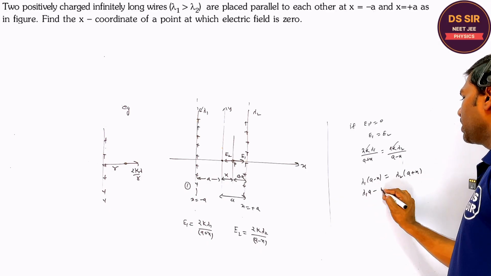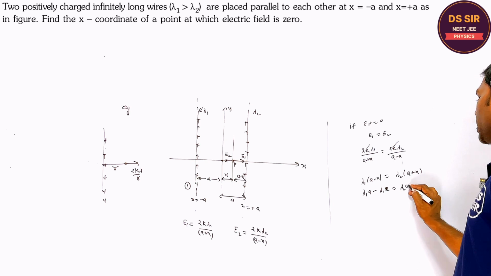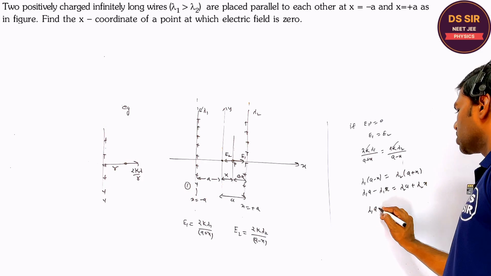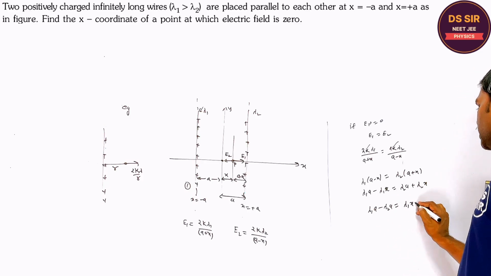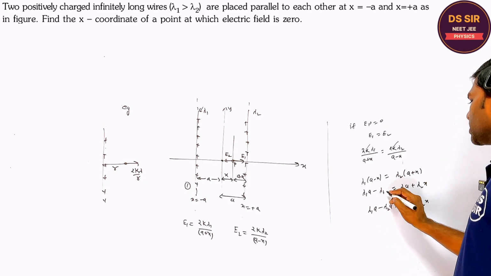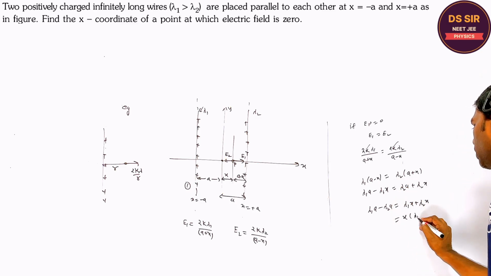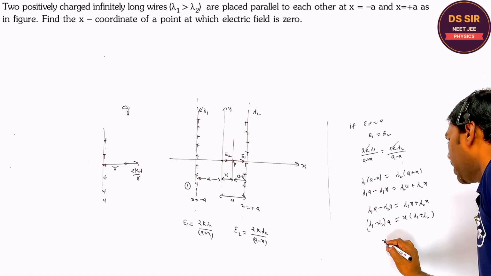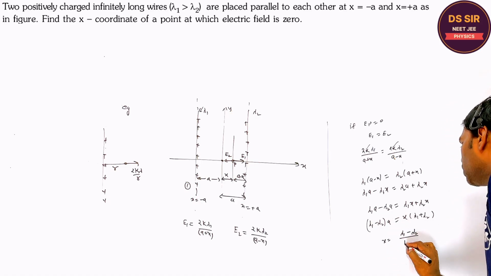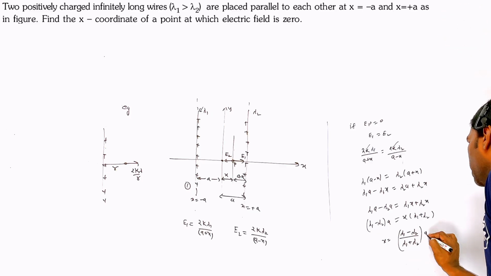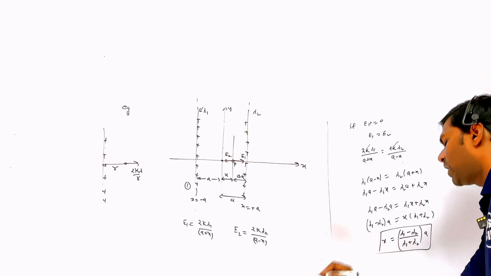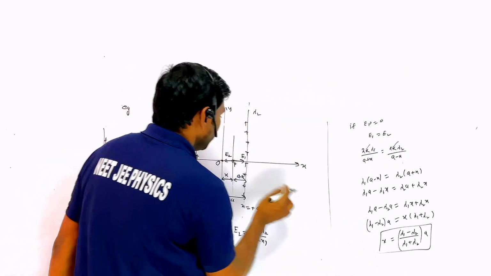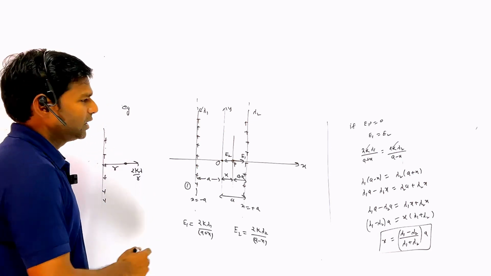It is lambda 1 a minus lambda 1 x equals lambda 2 a plus lambda 2 x. If you take x common, lambda 1 plus lambda 2 into x is equal to lambda 1 minus lambda 2 into a. So x is equal to lambda 1 minus lambda 2 over lambda 1 plus lambda 2, into a. So this is the value of x. This is the distance from the origin of the point P where the net electric field is 0. All right, copy this.